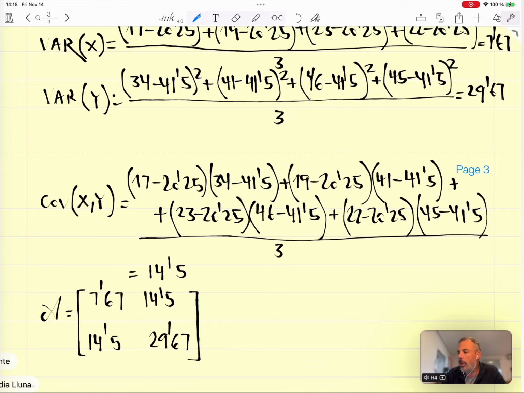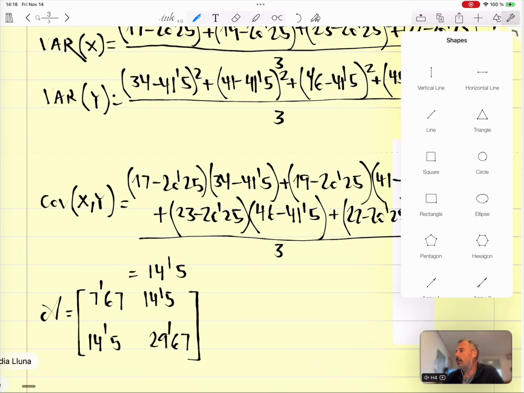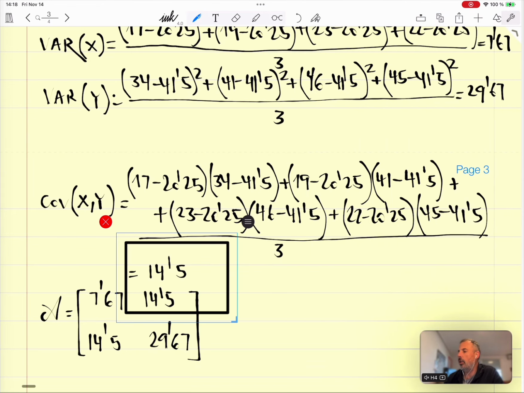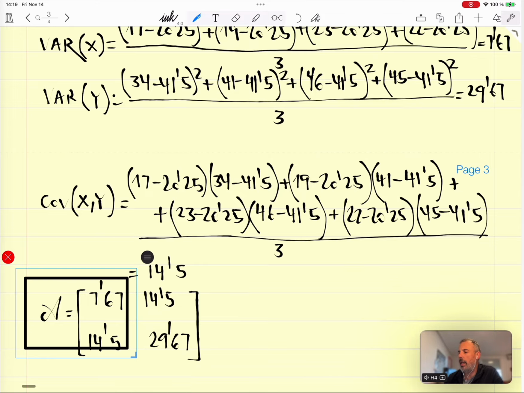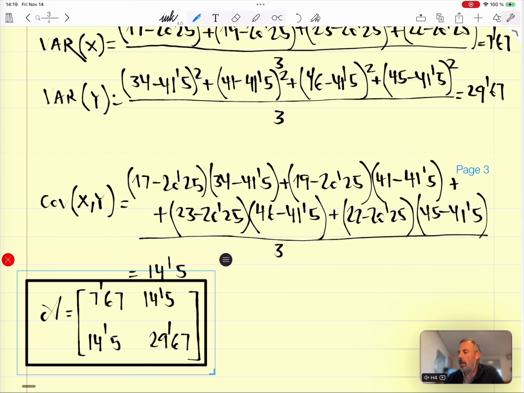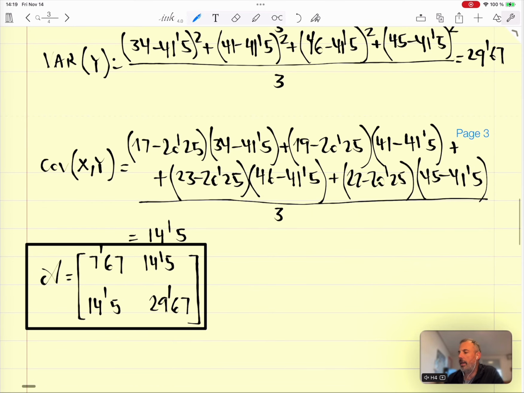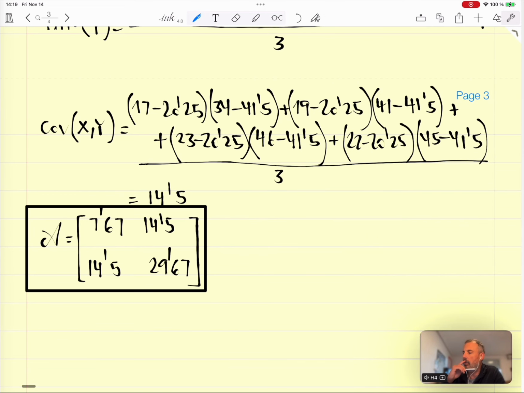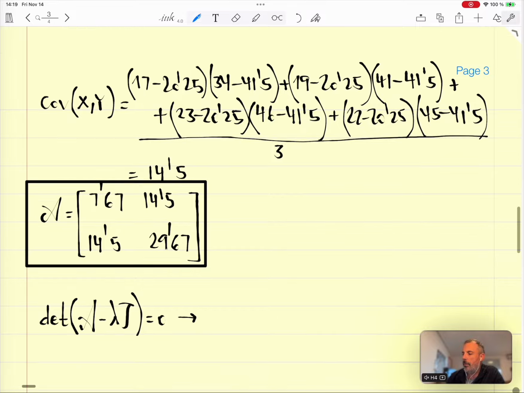Okay, so now we have the covariance matrix, but this is not the end of the story, because we are aiming for the eigenvectors of the covariance matrix. So we need to find the eigenvectors of this matrix. And this is done by calculating the determinant of A minus lambda times I equals 0.